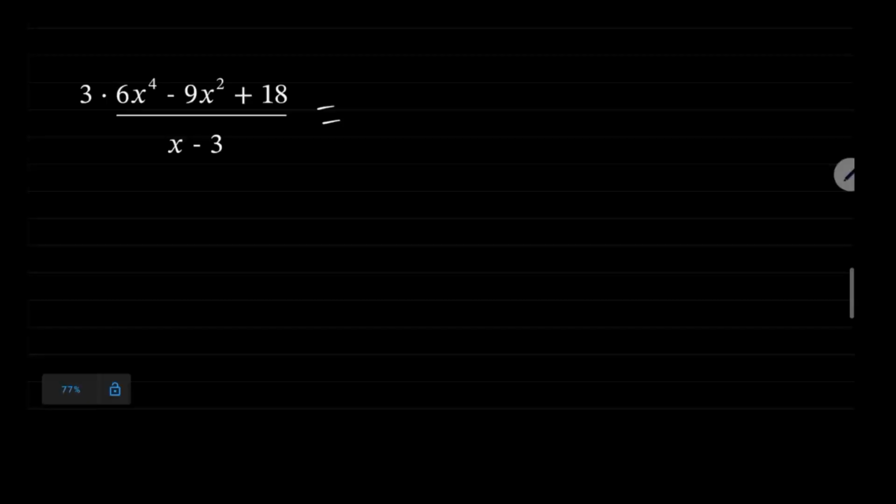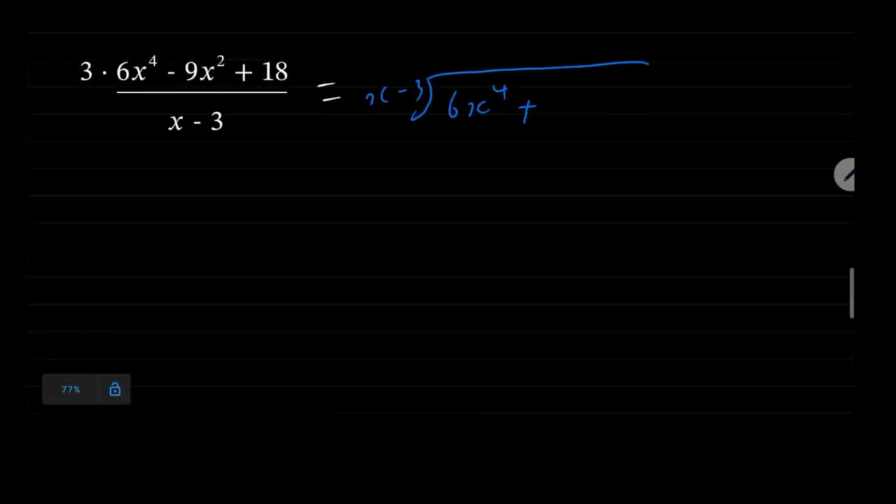Now let's start by writing the divisor and the dividend. Our divisor is x minus 3, and our dividend is 6x exponent 4 plus, because I need the powers to follow up. Since there is nothing for the x cubed, I will make it 0x exponent 3 so that I can go as arranged.